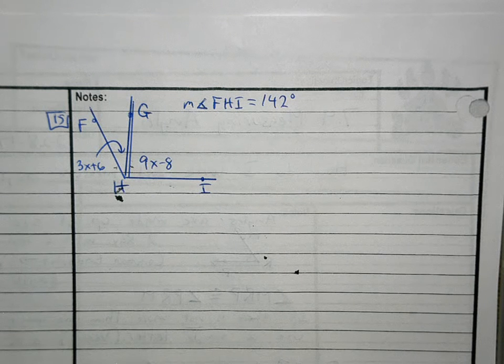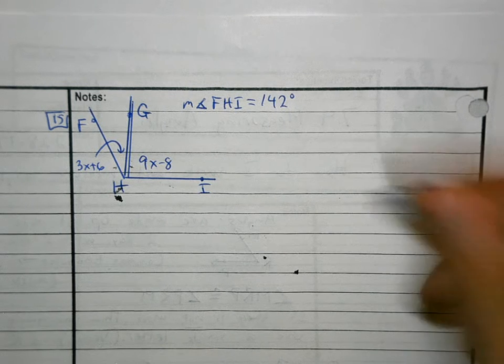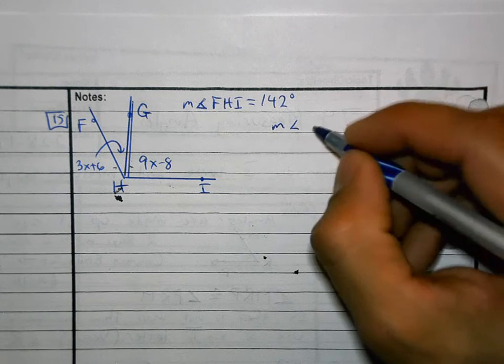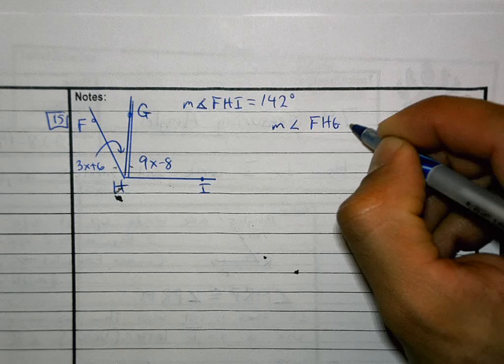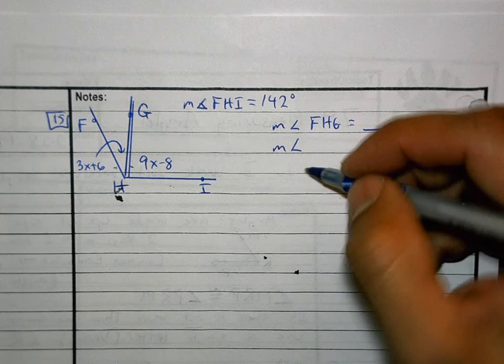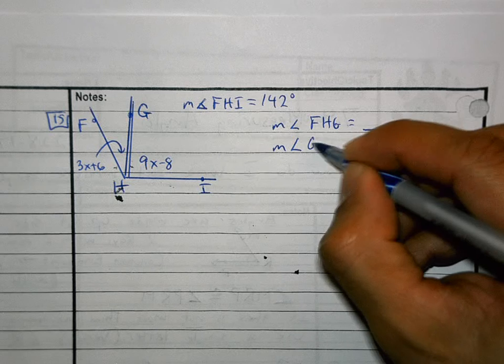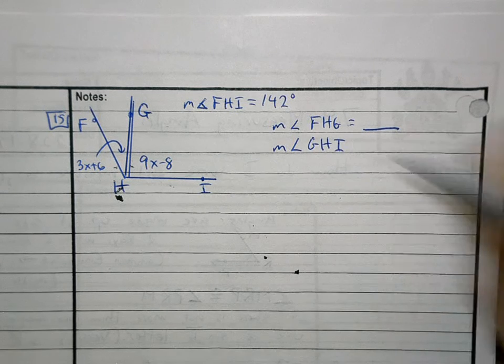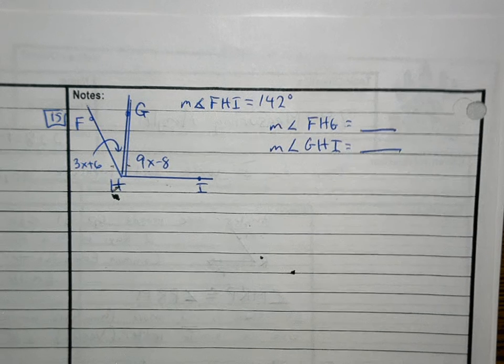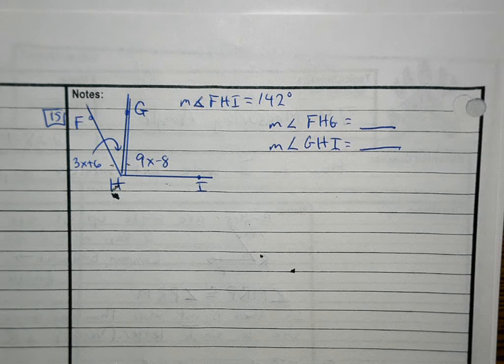The two questions it's going to ask you: what's the measure of angle FHG equals blank? What's the measure of angle GHI equals blank? So you're going to actually have to use a little bit of common sense in some of these problems.